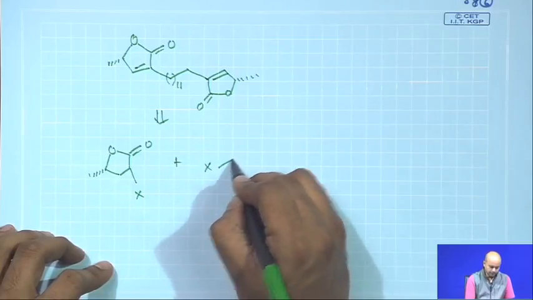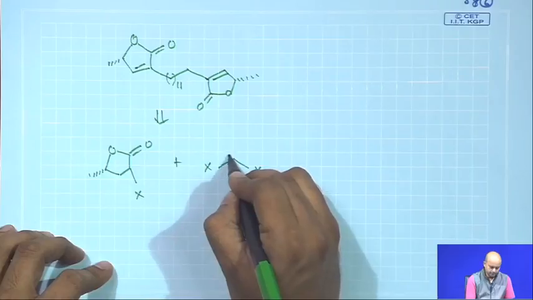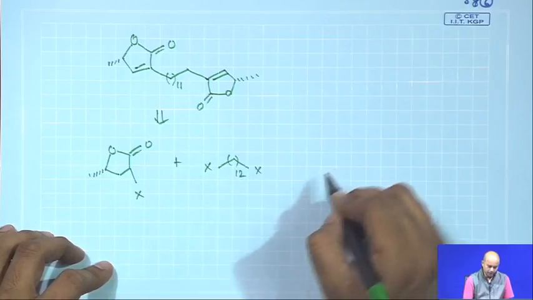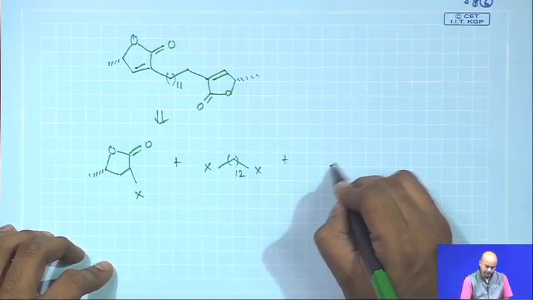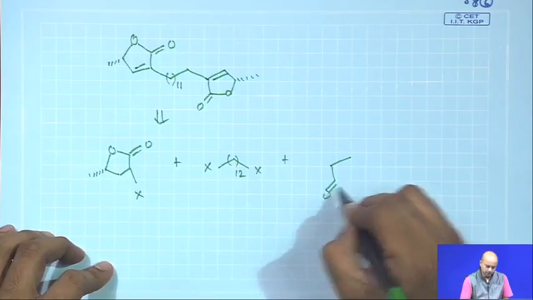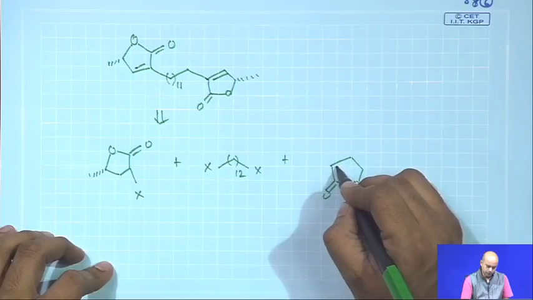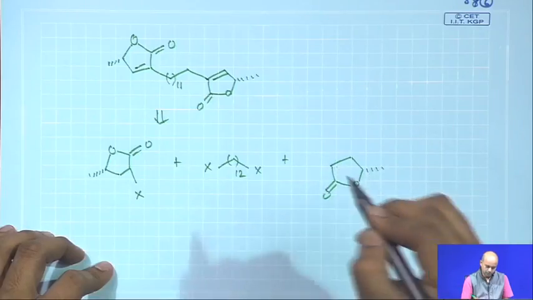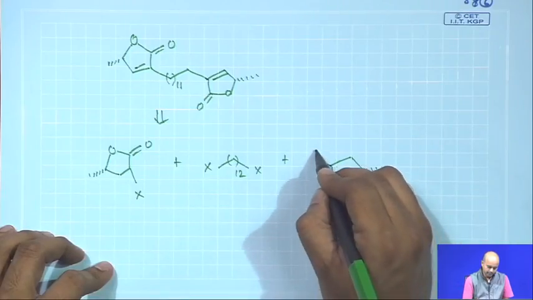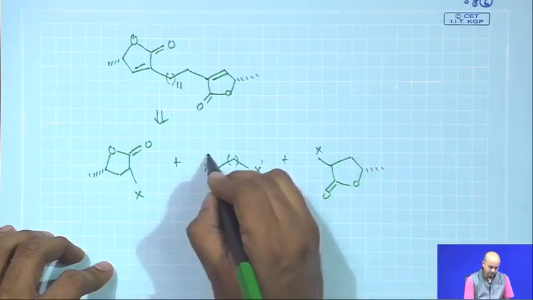So, I am saying X, CH2 12, and then you have this another homochiral half of the same lactone. Put it X prime, X prime.